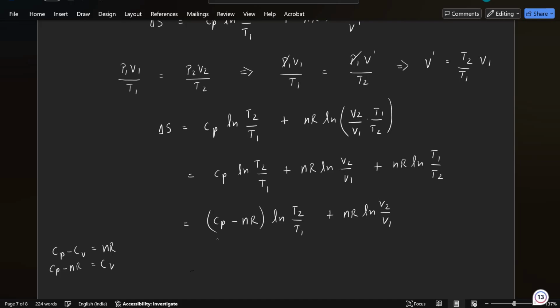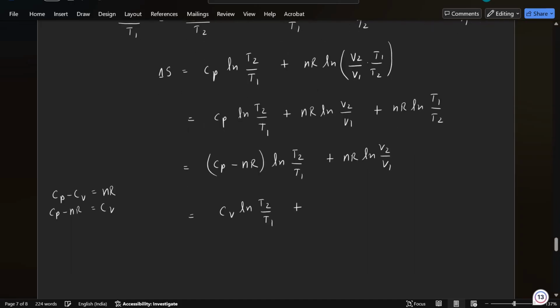So we get Cv ln T2 by T1 plus nR ln V2 by V1. This is the final expression that we have, and this is what we are after.